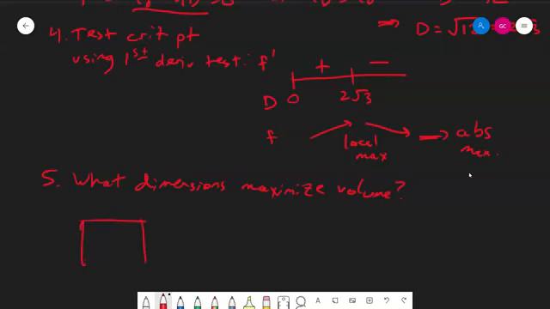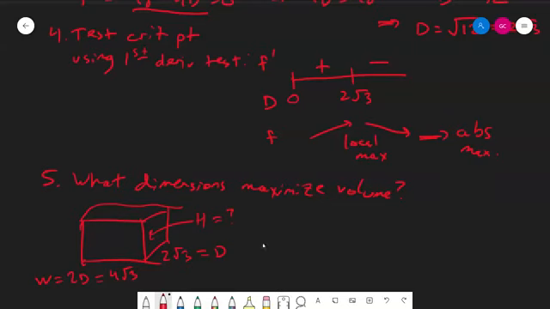Let me just redraw the box. We found that the depth should be 2 root 3. The width, remember, had to be twice the depth, so that must be 4 root 3. And we're left to figure out what the height has to be.